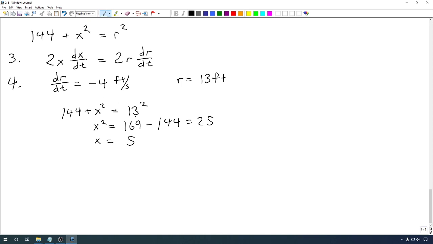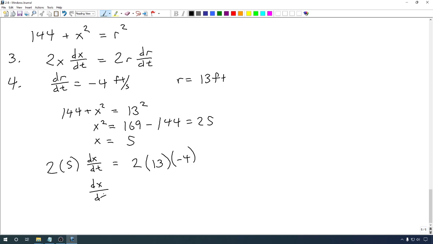But now we can go ahead and use the values of dr/dt, r, and x=5 and plug them into our formula. So we have 2 times 5 times dx/dt is equal to 2 times 13 times negative 4.